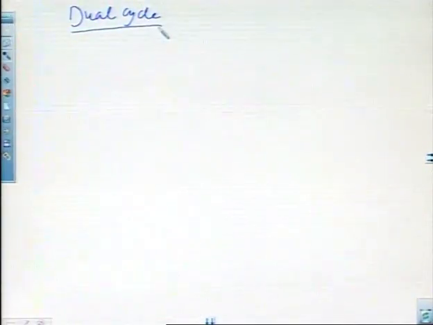Dual cycle is also a semi constant pressure cycle, semi pressure limited cycle.